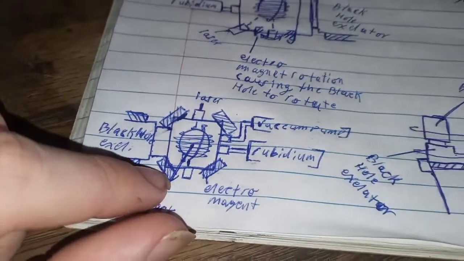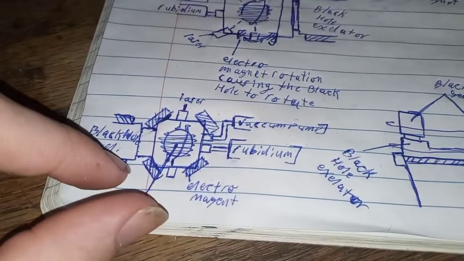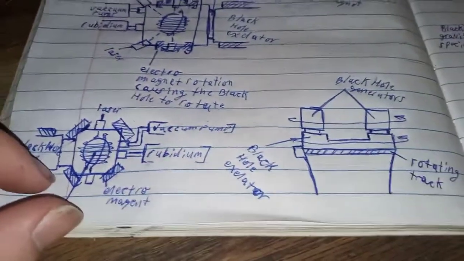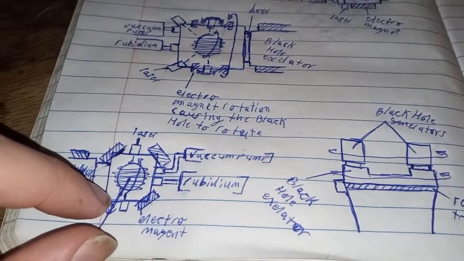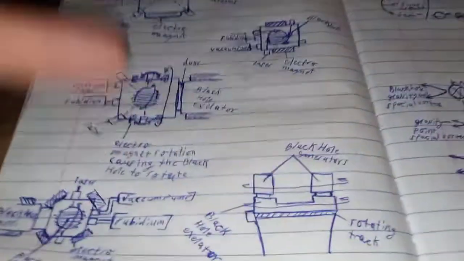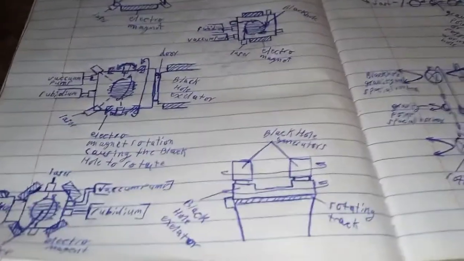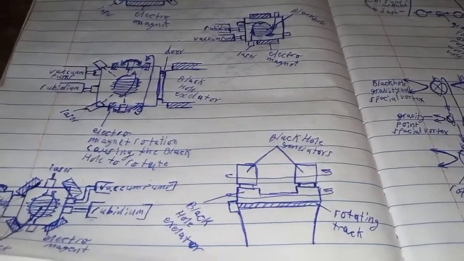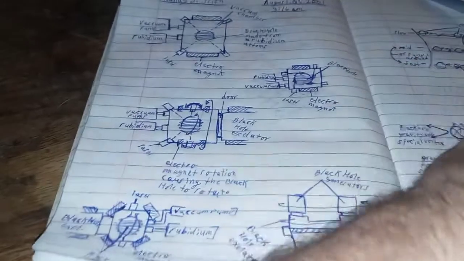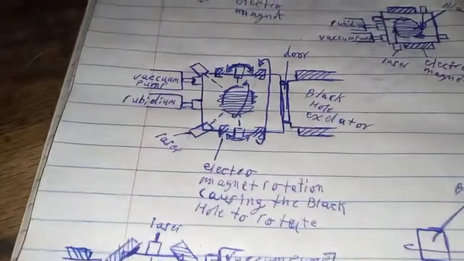And basically, after getting it to spin, or rotate, then you push it out with the help of a black hole accelerator.